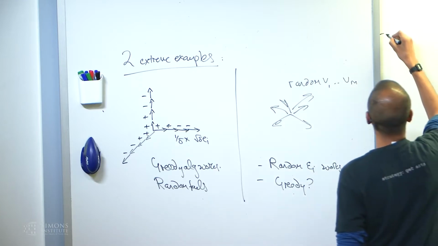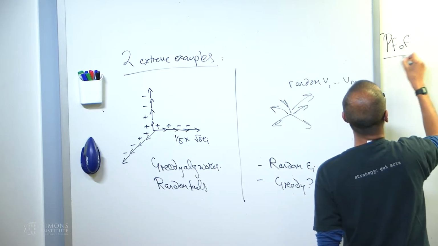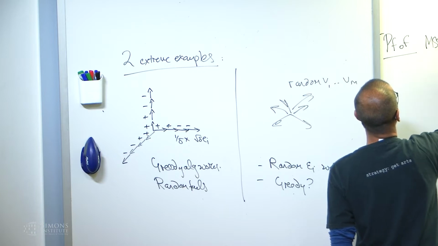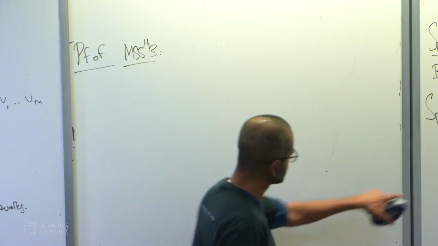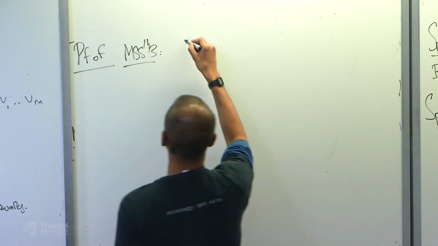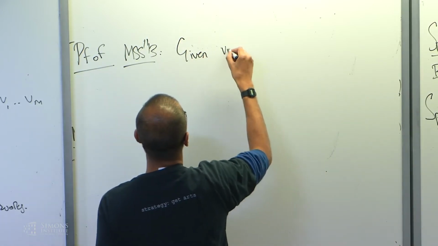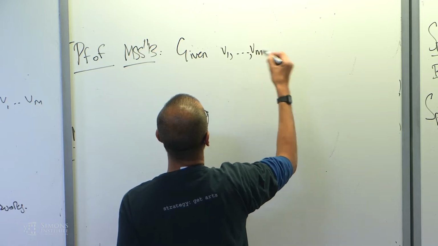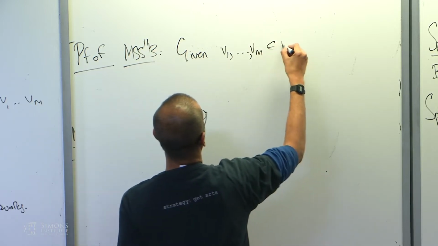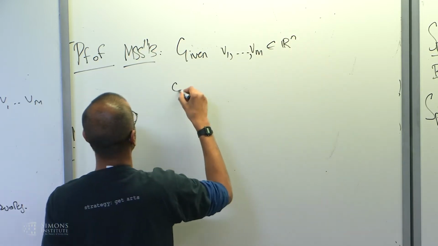So now proof of this theorem. Okay, so we're given these vectors. So given v1 through vm, these are in Rn. Consider the following random vectors.